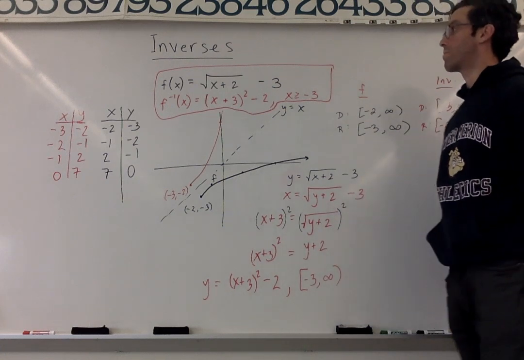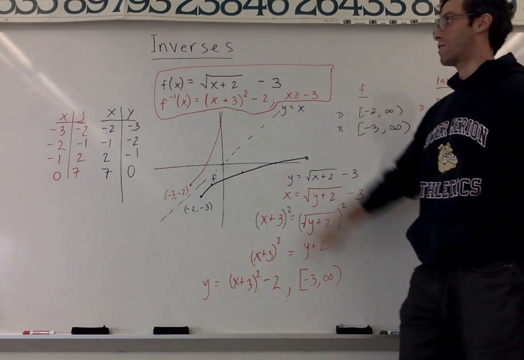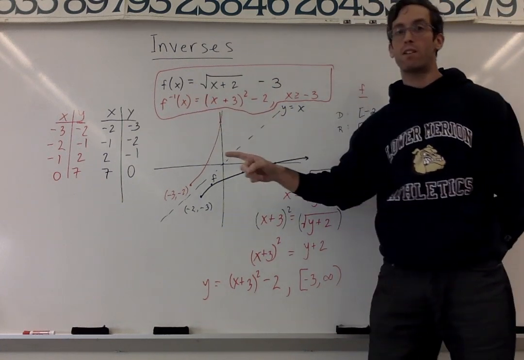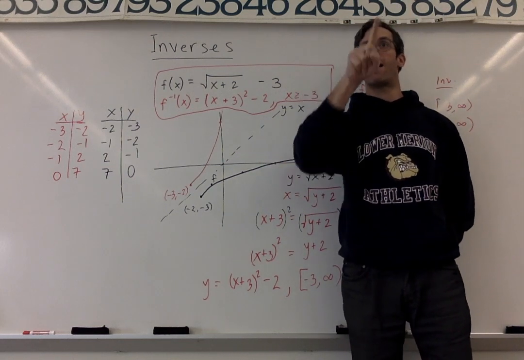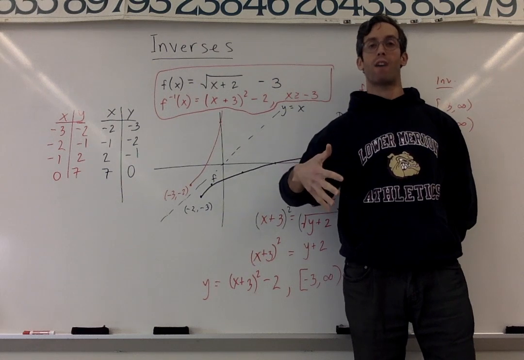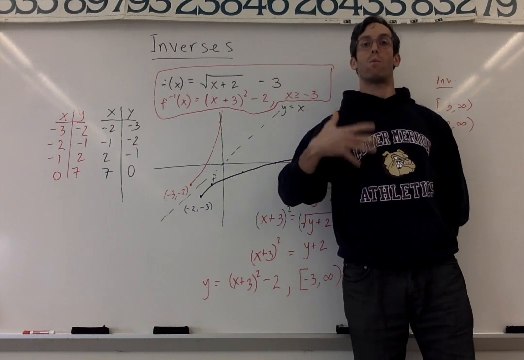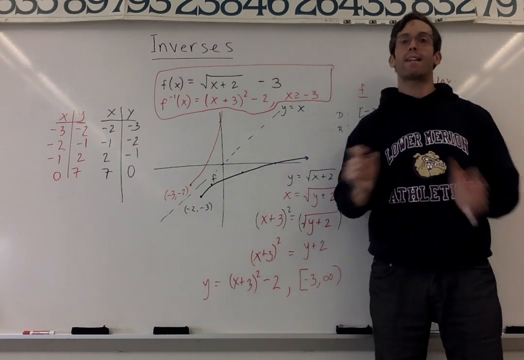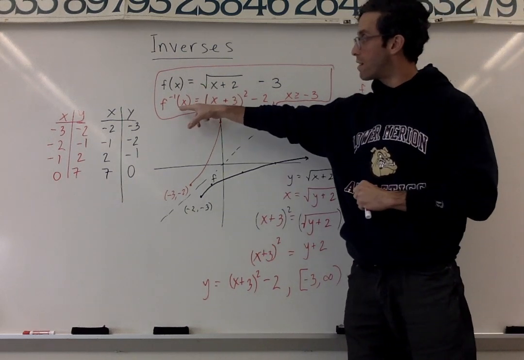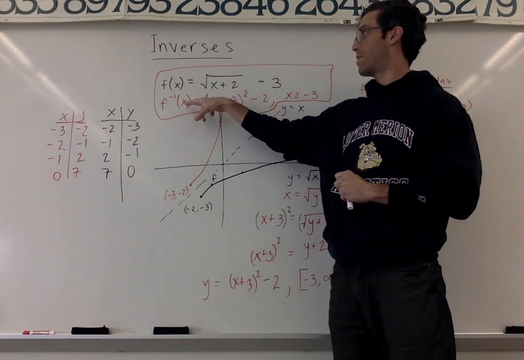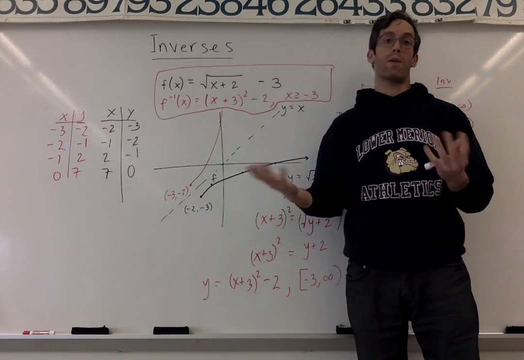So we can use this notation. If the inverse was not a function, like if it came out to be a circle or a sideways parabola, so the vertical line test wouldn't pass, then we would just leave y equals. It's a technicality, but if the inverse is a function, we can use this notation. If the inverse is not a function, we have to leave just y equals.